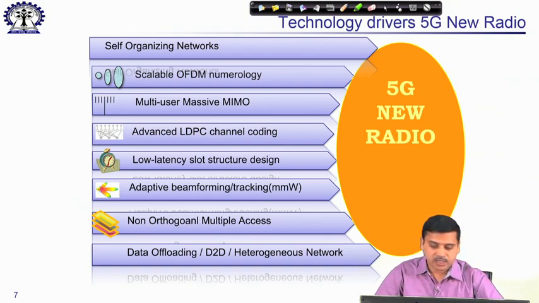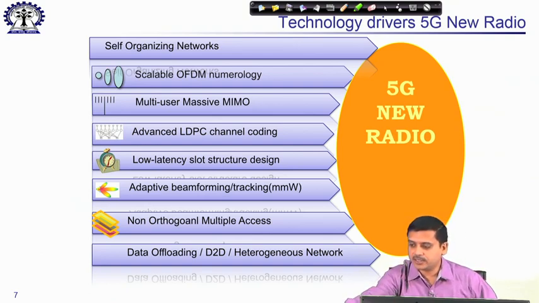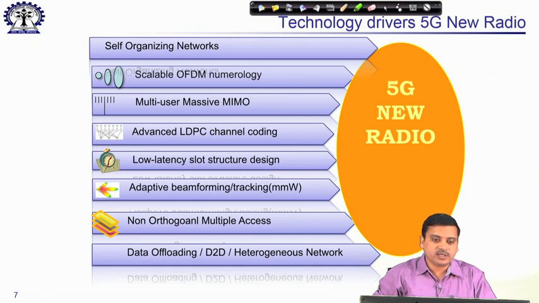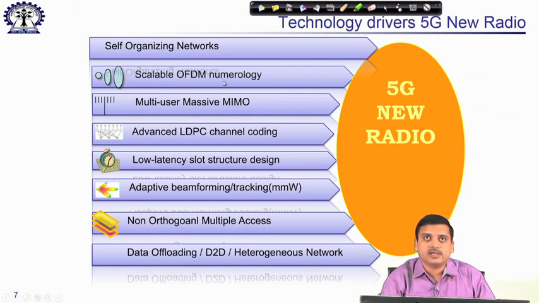Towards this, some of the aspects which we will cover are waveforms, which is very important. As you can see in one of the top ones here, it says scalable OFDM numerology. Over the past decade there has been a huge amount of work on the waveforms that are going to be part of 5G, but what has evolved is a modification of OFDM which is very critical to support the new generations.